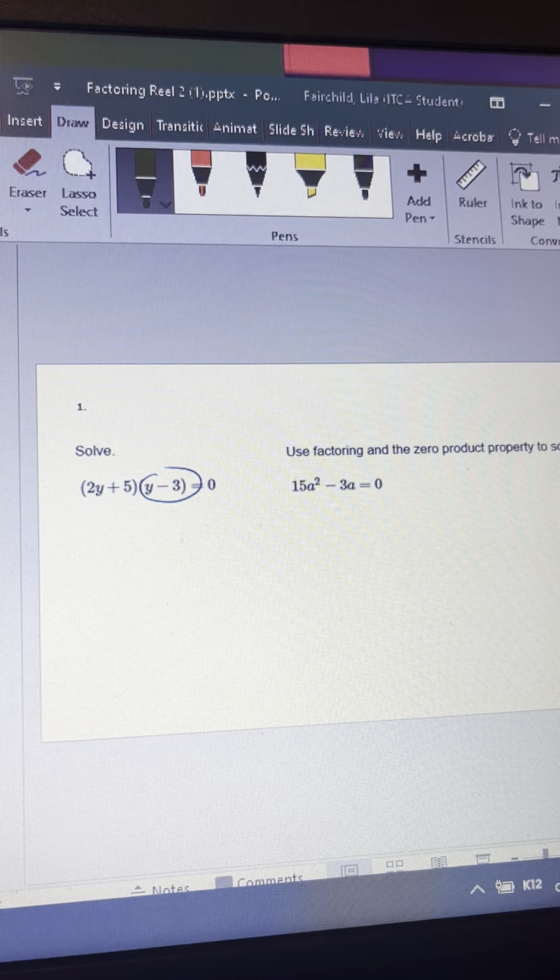And then for this next one, it says the formula for the volume of a cone is given, solve for r, the radius of the cone.